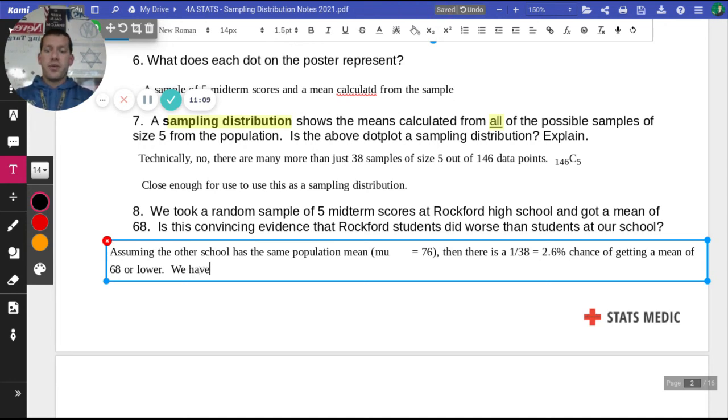We can say we have convincing evidence that the other high school's mean is lower. So we would say that's statistically significant, and spell it correctly.